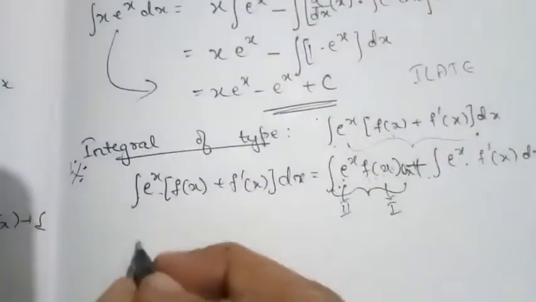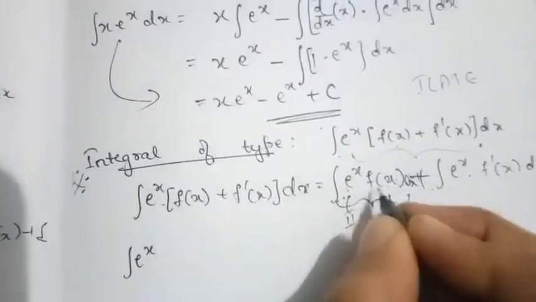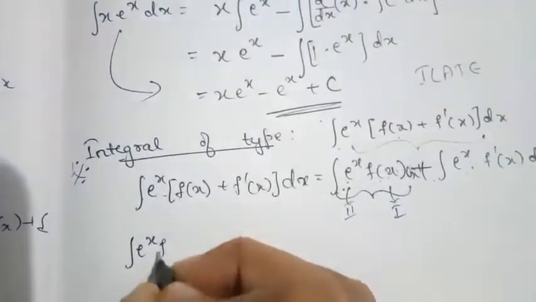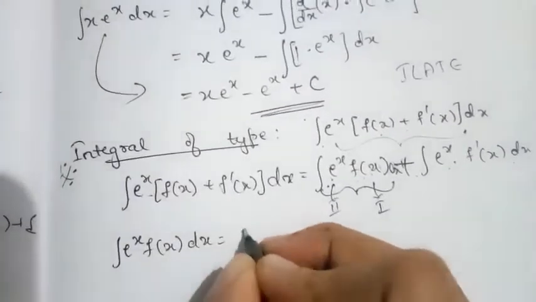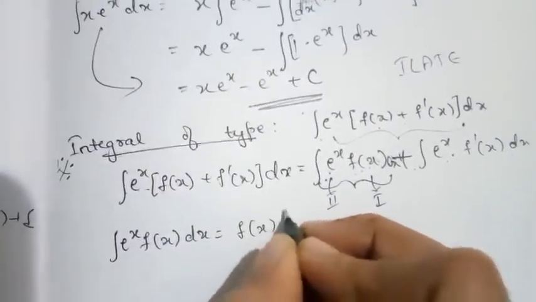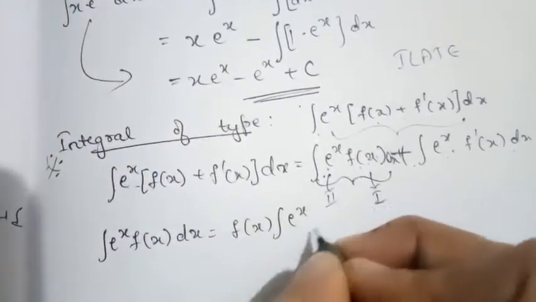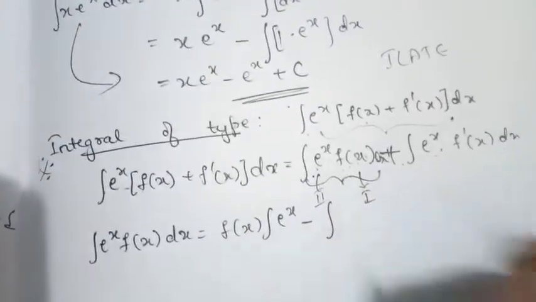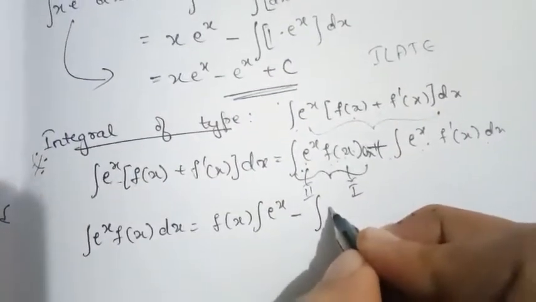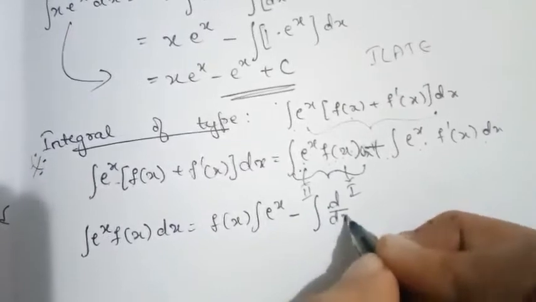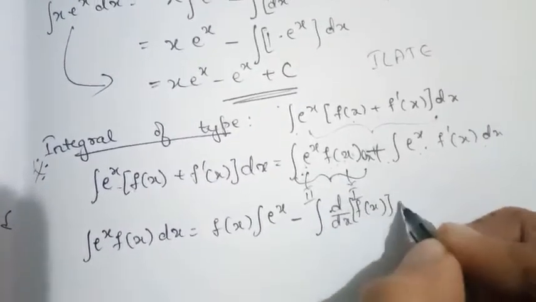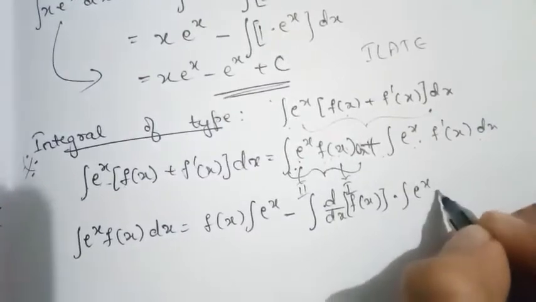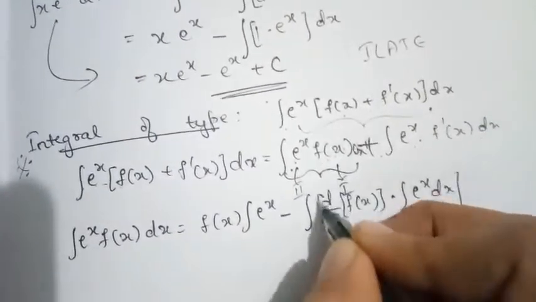Integration of e power x into f of x dx is equal to first function into integration of the second function minus integration of differentiation of the first function into integration of the second function.